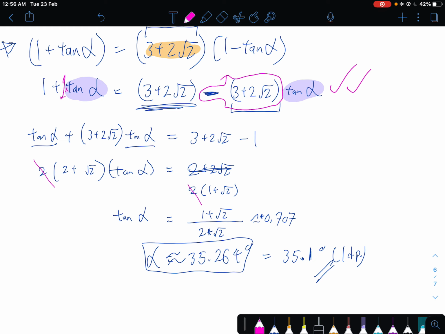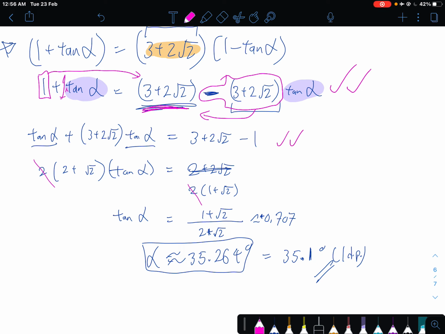So very simple, we just bring this over to the left hand side. And then the constant over here is not related to tangent alpha, so you bring it over to the other side. And what do you get at the end of the day? You'll get this expression over here. Tangent alpha plus bracket 3 plus 2 root 2 bracket tangent alpha equals 3 plus 2 root 2, then the 1 brought over, so minus 1. Good, we got this expression.